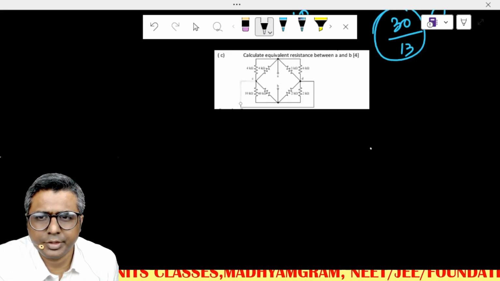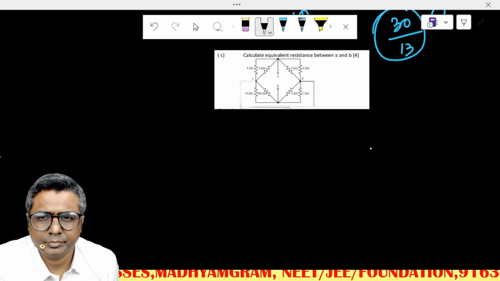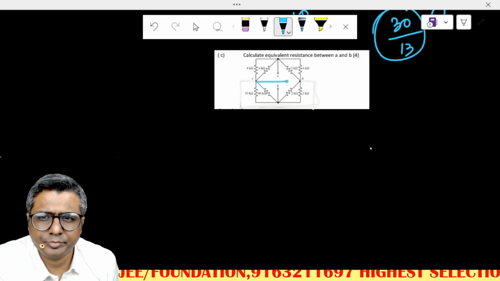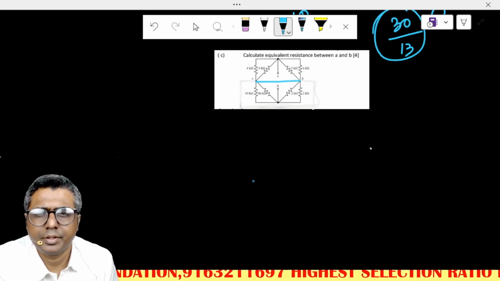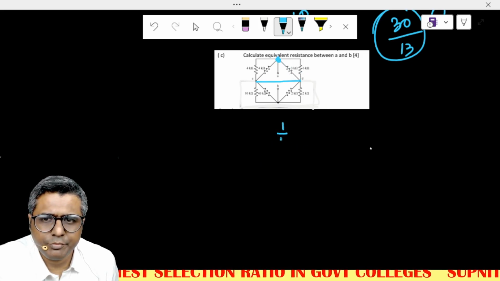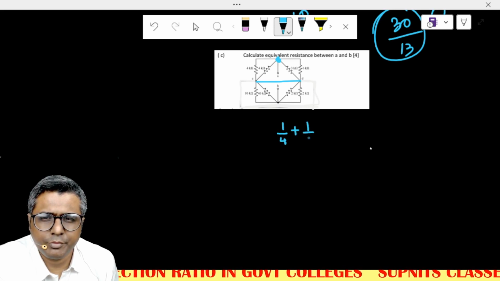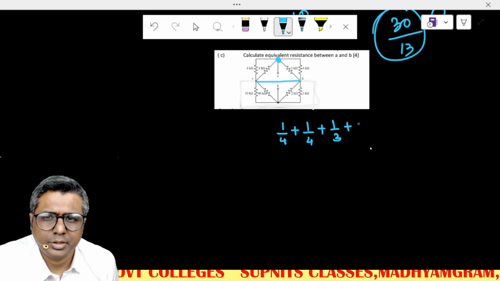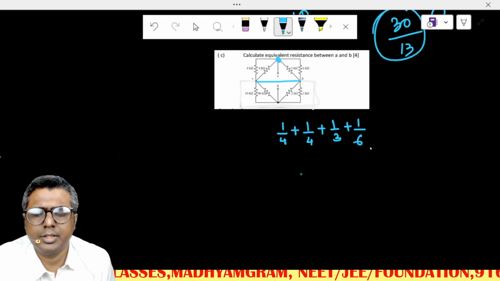If I rub this one and join this, then also it is the same. So all these 4 potentials, that is 1 by 4 plus 1 by 4 plus 1 by 3 plus 1 by 6, are in parallel.